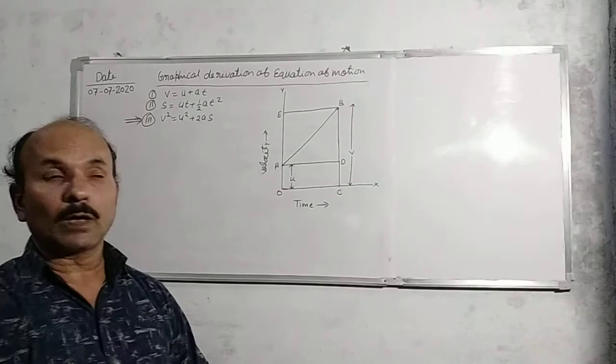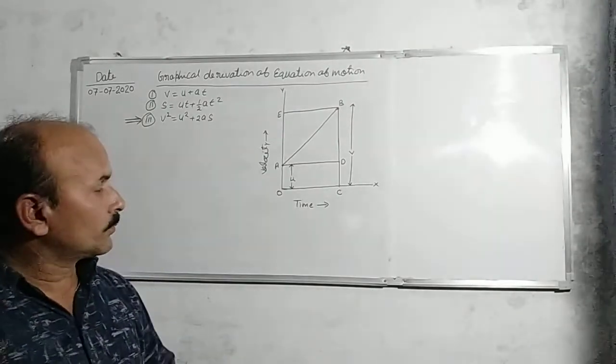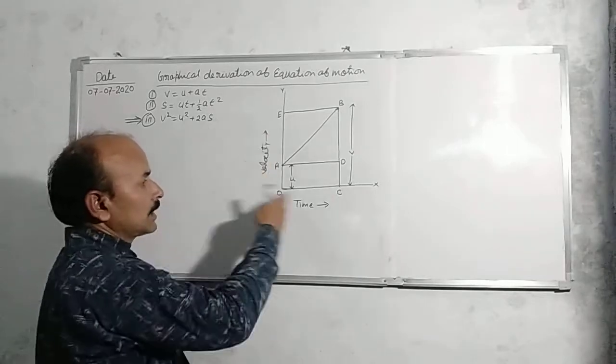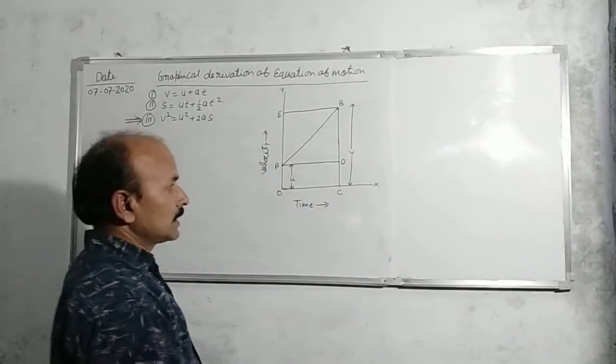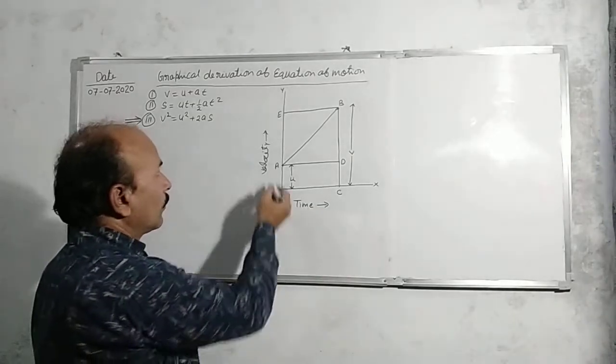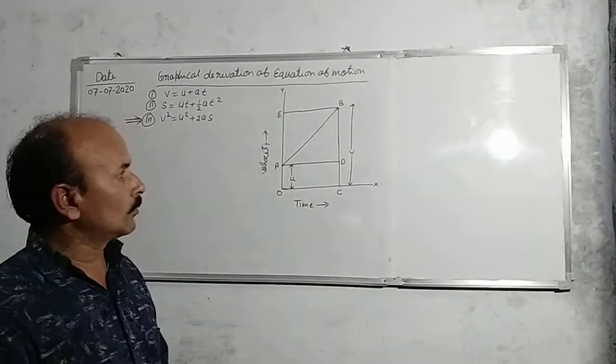So for the graphical derivation of the third equation of motion, first of all again I revise that it is a velocity time graph, in which the x-axis represents the time of the moving object and the y-axis represents the velocity of the moving object.